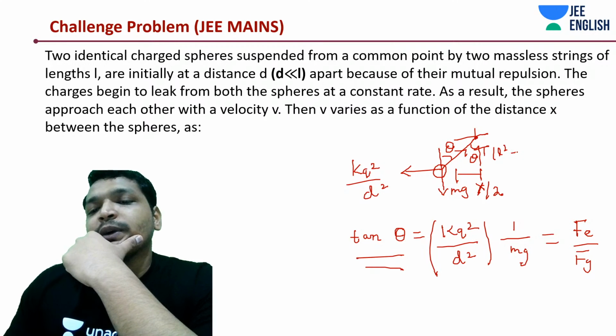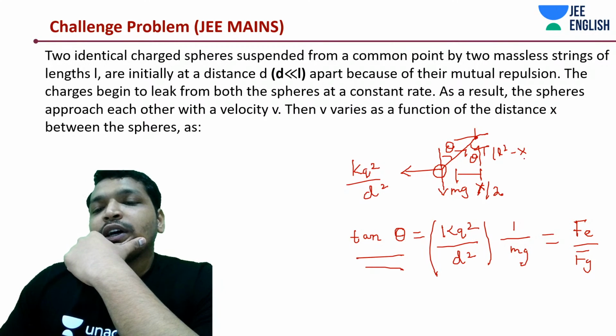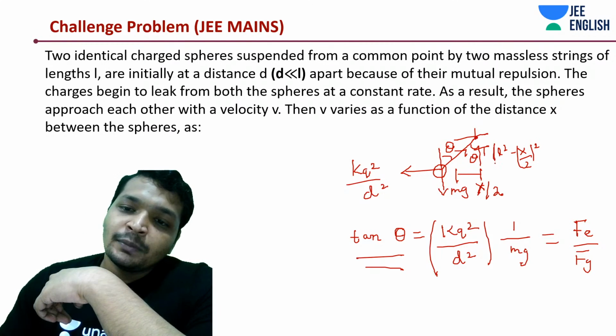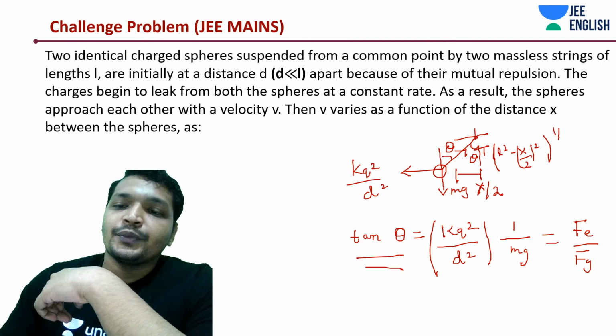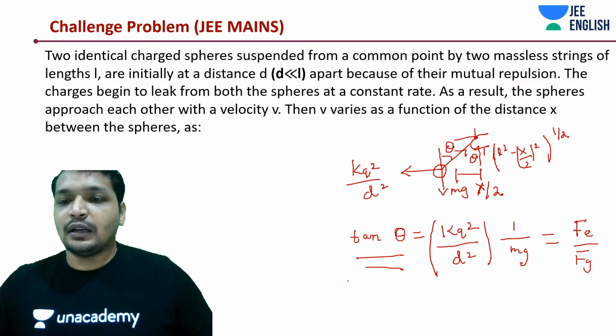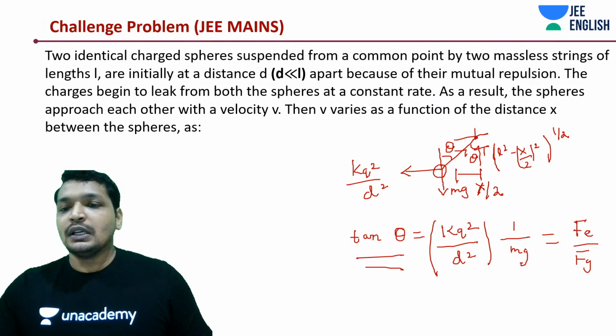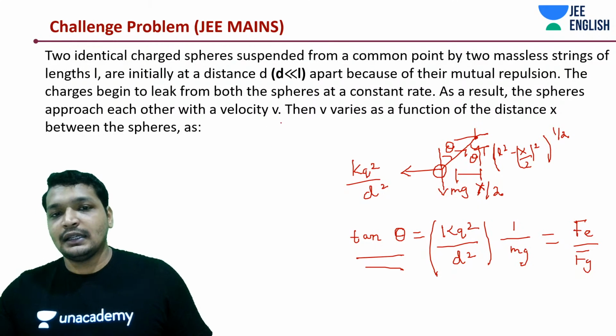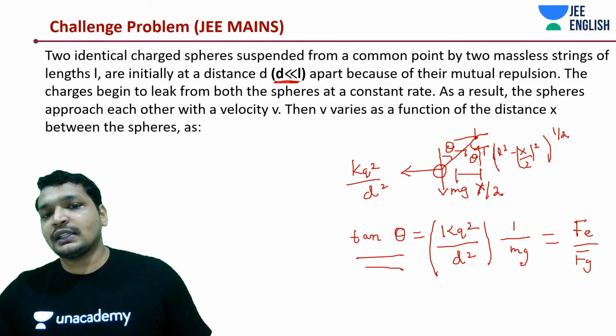It is going to be L square minus x by 2 whole square, and whole to the power raised. All right. Anyway, L is greater than d, hence it is also greater than x.